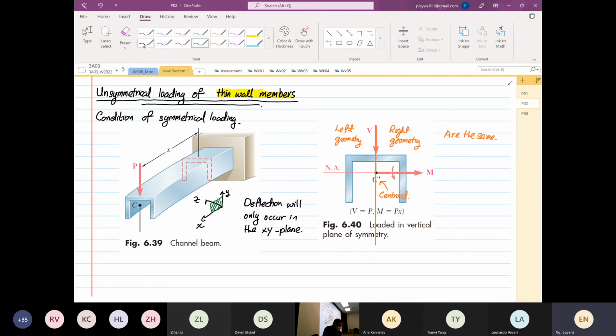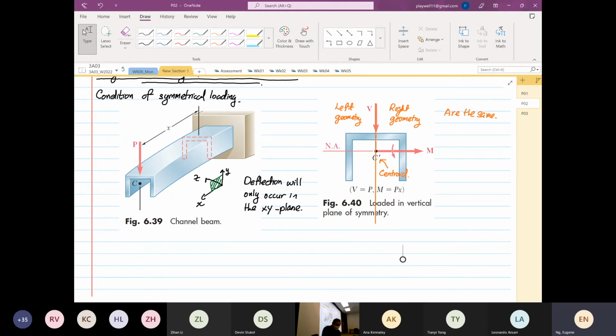So for this case, what we tend to do is we tend to calculate our shear stress, which is equal to Vy over Izz, right? Qz divided by t, okay?